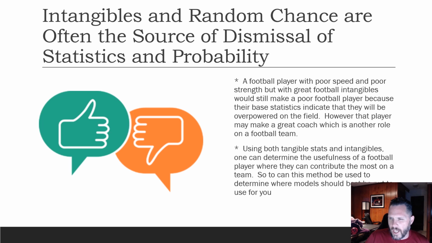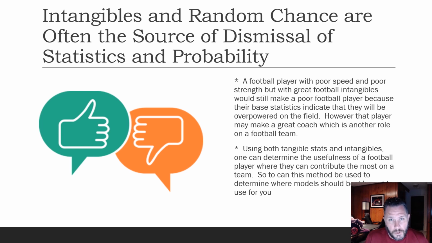So here we have a football player with poor speed and poor strength, but great football intangibles, who is still a poor football player, because their base statistics indicate they will be overpowered on the field. So that goes both ways. I gave the example of not as athletic, but great intangibles, still good. In this case, poor tangibles, great intangibles, still a poor football player, because a 150-pound guy who can read defense is great.